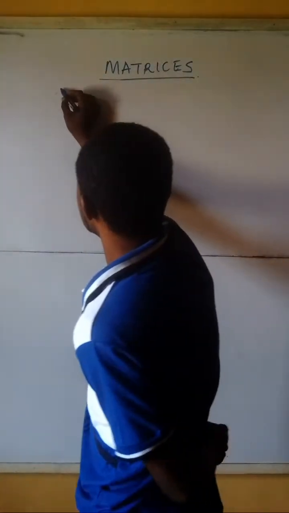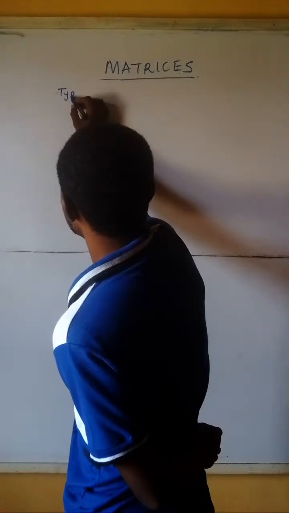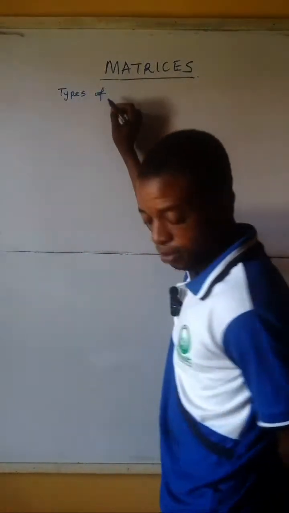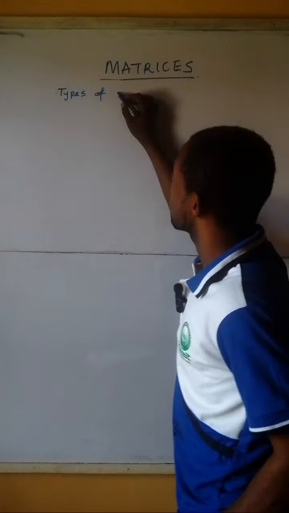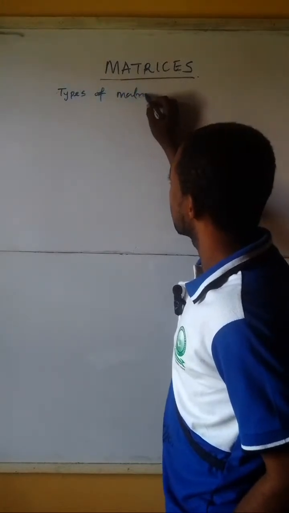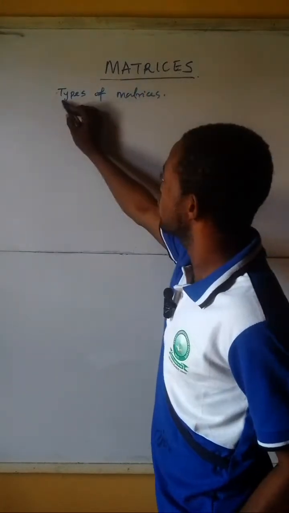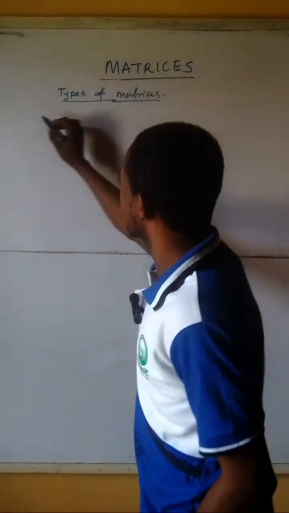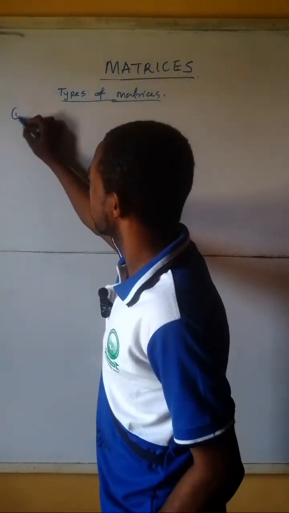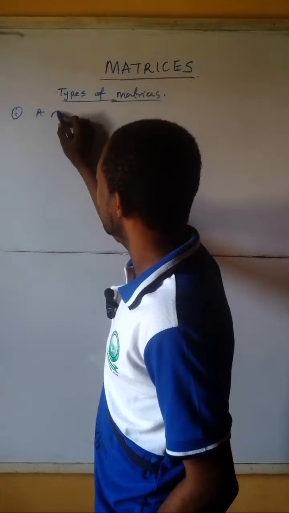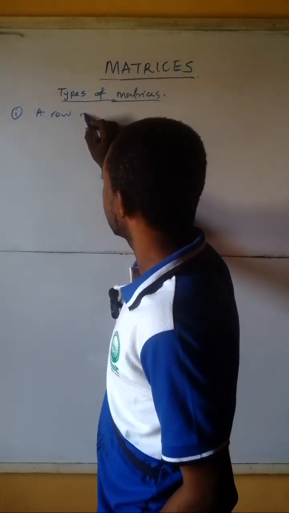So types of matrices. Type of matrices. So the first one we have, number 1, a row matrix.